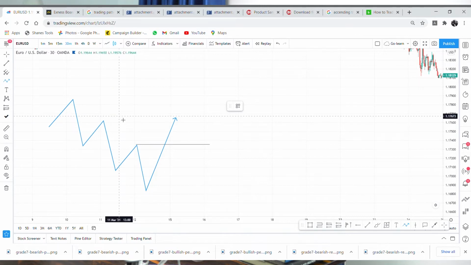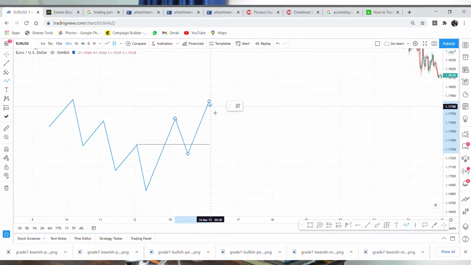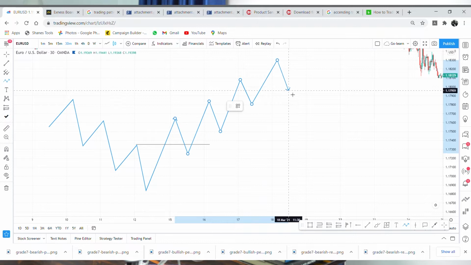It will go bearish for a moment. Remember, this is changing from a bearish market to a bullish market directly. When the market has broken structure, it will continue downwards a little bit like this, then start making higher highs, higher lows, higher highs, higher lows, higher highs, higher lows.